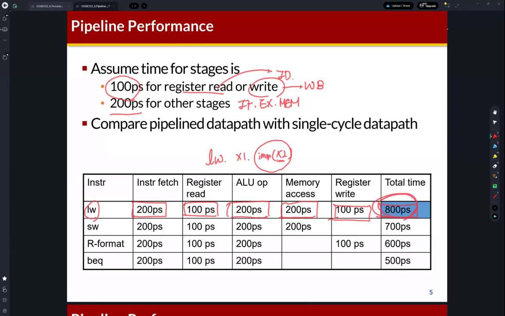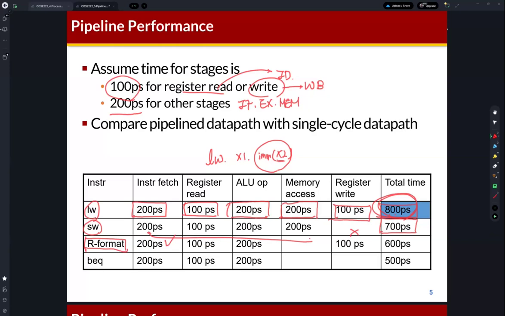Store word: the overall process is the same, but the register is not written, right? There is no write back process for store word, so it's 700 picoseconds. How about the R-format instruction, the R-type instruction, like add x1, x2, x3?